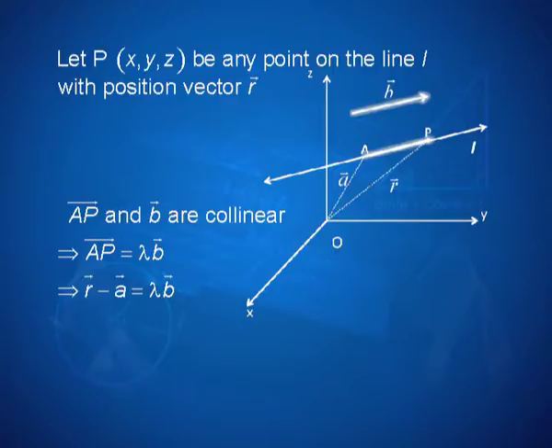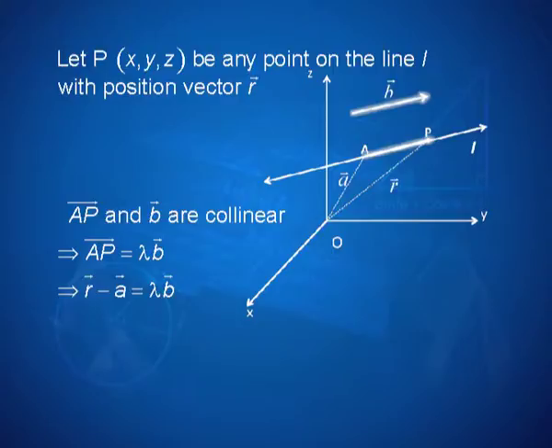So, if I look at this position of the point A and P, then the vector AP is collinear with the vector B, and vector algebra taught you that if I have the vector AP and B collinear, then one is a scalar multiple of the other.